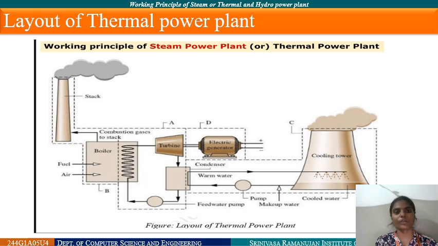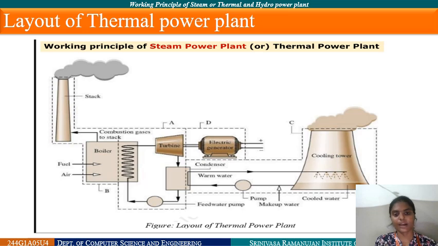Layout of thermal power plants. In the steam power plant, the coal is fed into the boilers and it is burned in the furnace. The water present in the boiler drum changes to high pressure steam.